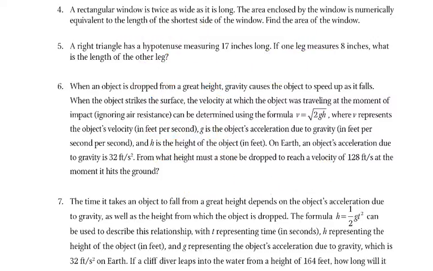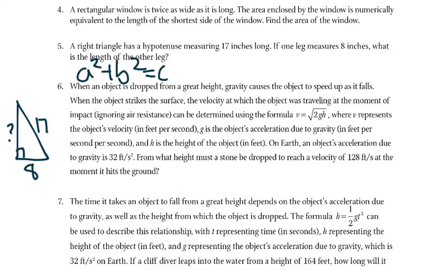Let's try number 5. Number 5, we've got a right triangle has a hypotenuse measuring 17 inches long. If one leg measures 8 inches, what is the length of the other leg? Okay, well this we can use a Pythagorean theorem, right? A squared plus b squared equals c squared. So c is 17. One of the legs we'll call a squared, the other one is 8.